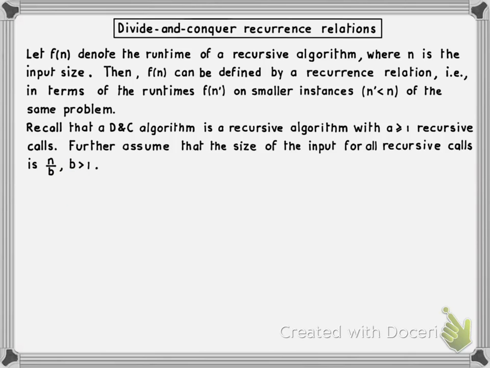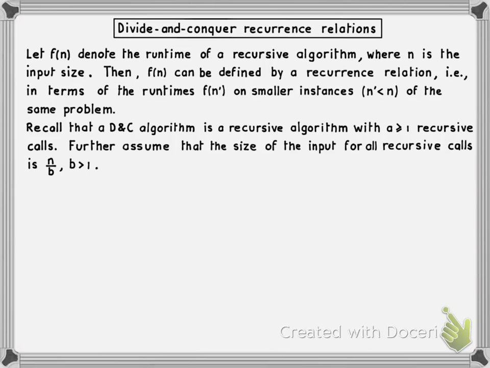And in particular, notice b is an integer that must be greater than 1. It can't be equal to 1, because if b is equal to 1, then the size of the subproblem would be the same as the size of the original problem, and you wouldn't be making progress towards the solution. So, just remember, a is the number of recursive calls, and n over b is the size of the inputs to these recursive calls.